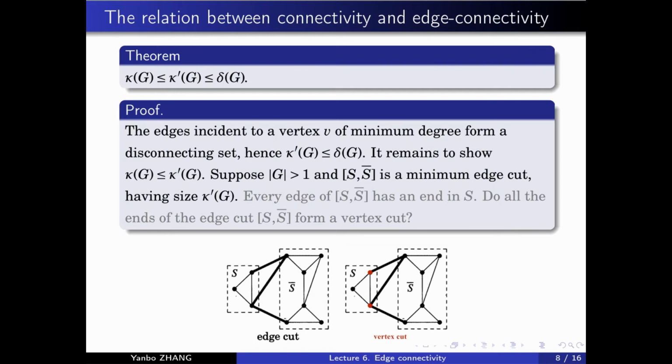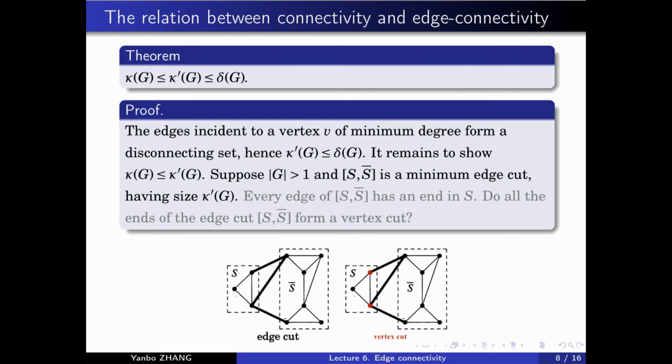This is not an appropriate example because the three edges in the middle form an edge cut but not a minimum edge cut. What we need to learn now is how to get a vertex cut from an edge cut.